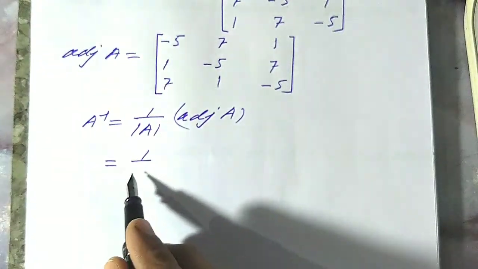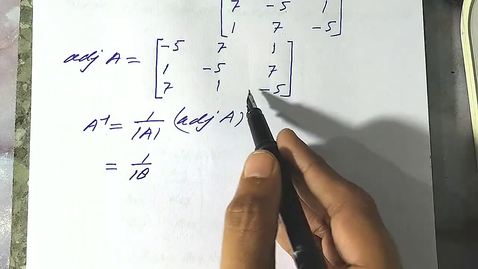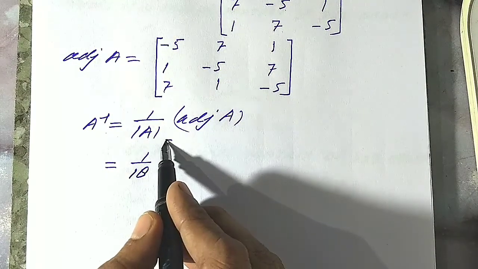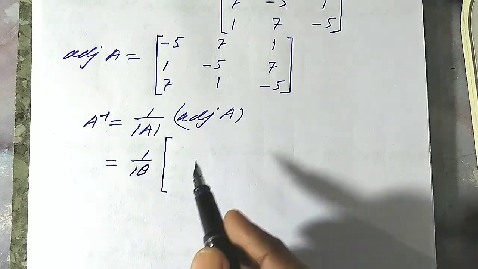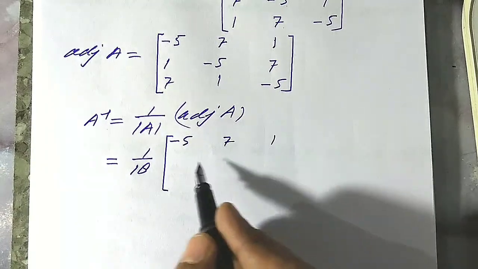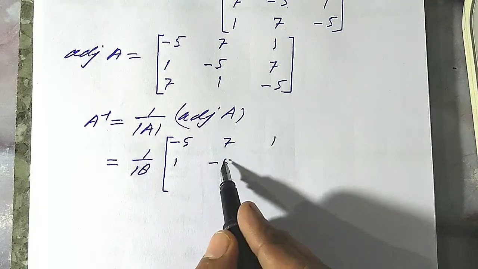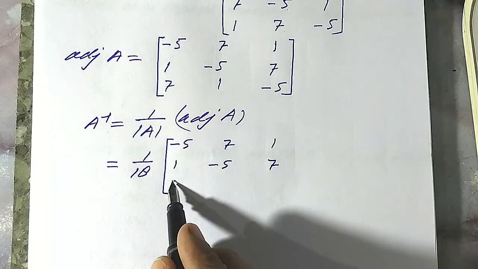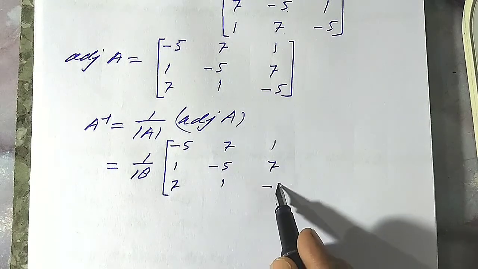Substituting here 18, and adjoint of A we have found in the previous step, it becomes minus 5, 7, 1, 1, minus 5, 7, 7, 1, minus 5.